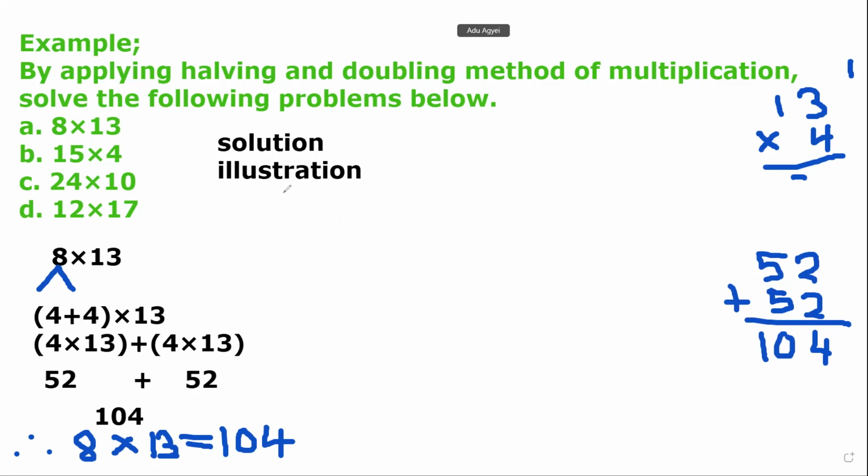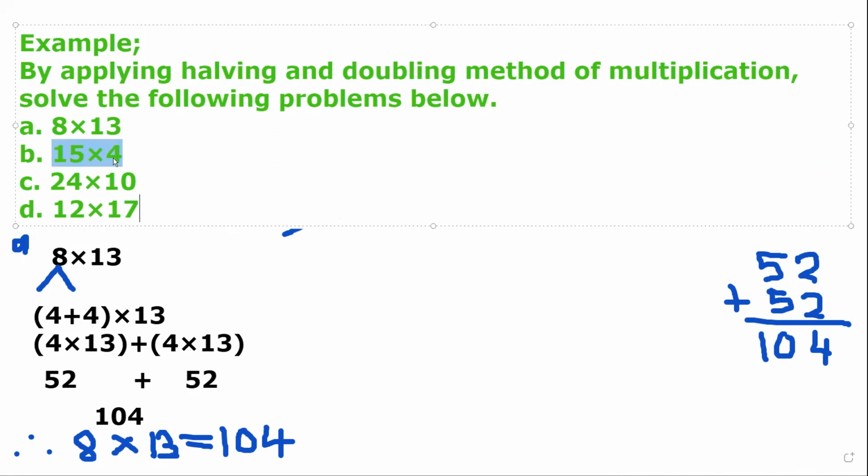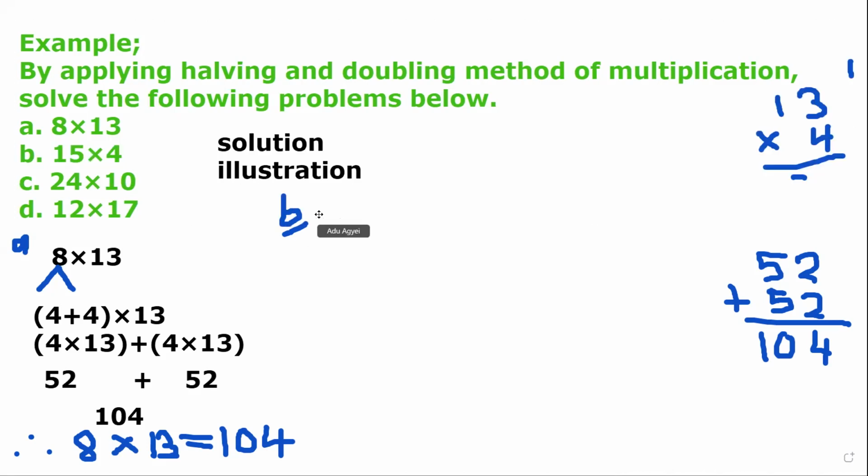We have the B here. Okay, good. Here is the A. Now the B. The B2.